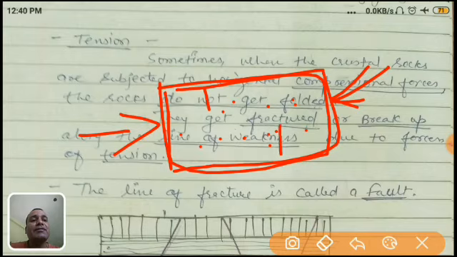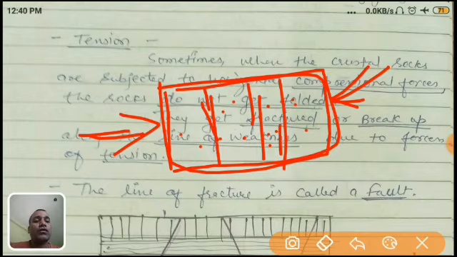They also have some cracks, weak holes or loops. The compressional force is applied, the rock cracks, and it is completely broken down. Now these lines are called the fault.